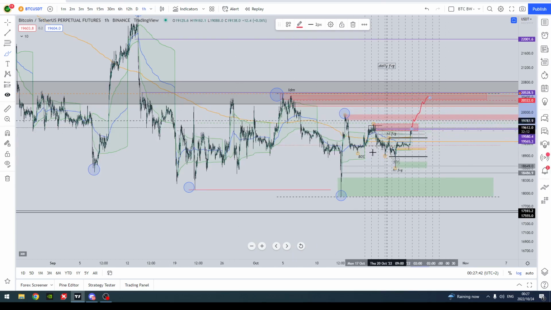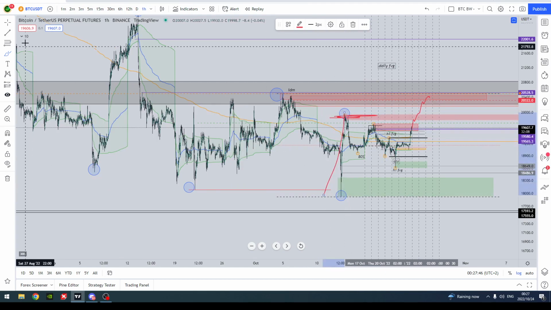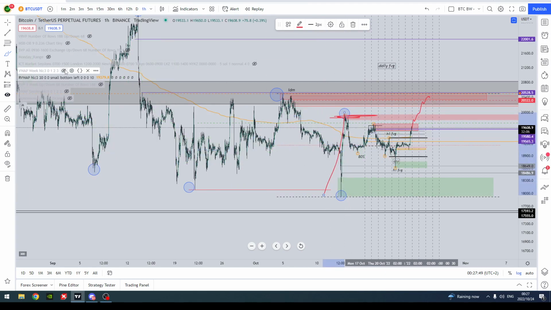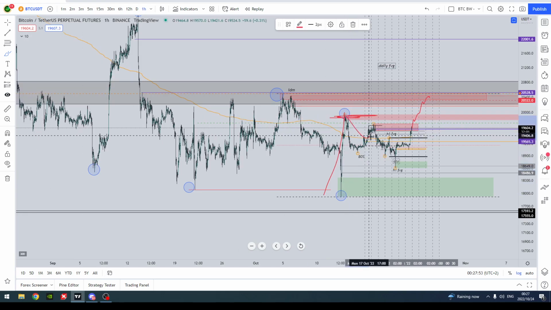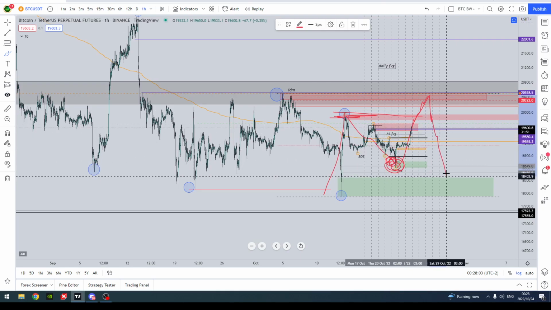It means that we've broken structure again here. So we had a move up, I'm going to turn this VWAP off. We had a pullback, a break of structure here, which leaves this as a big inducement level and something that can be taken here. It just has to be wicked into before price continues, right?